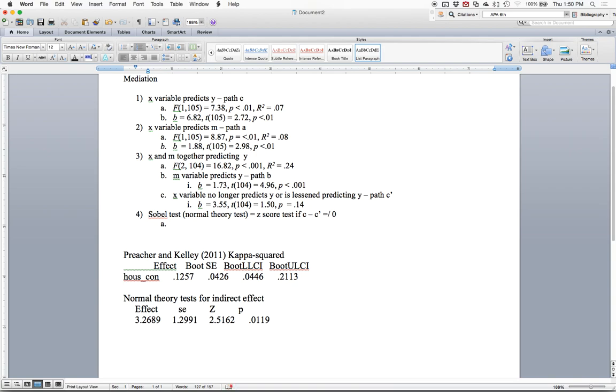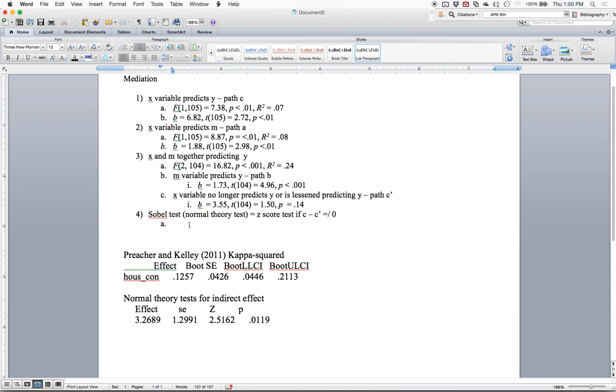So it's basically saying, is it greater or less than 0, or like it is not 0 in some form, because it might be negative. The order of the difference might have changed between them. And so it's testing this 3.26. Okay, remember that's C minus C prime, and here's the z-score for it.